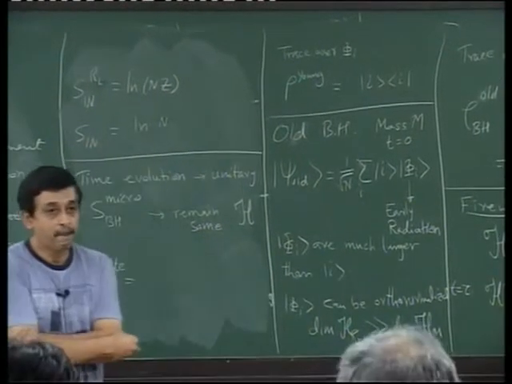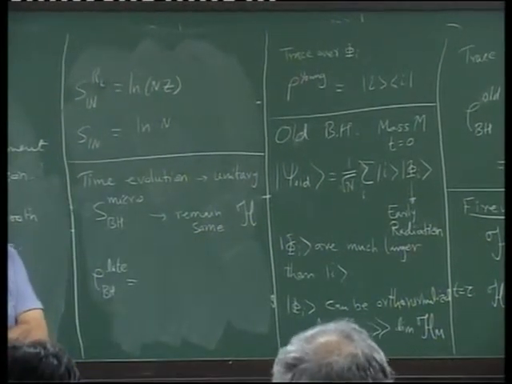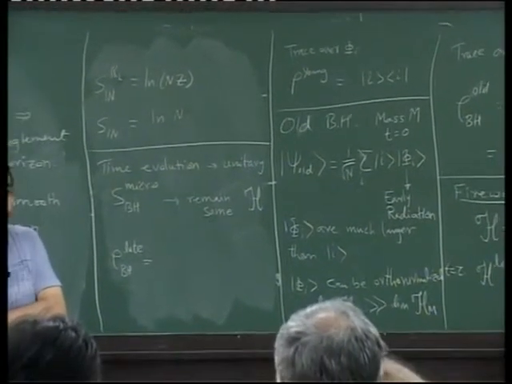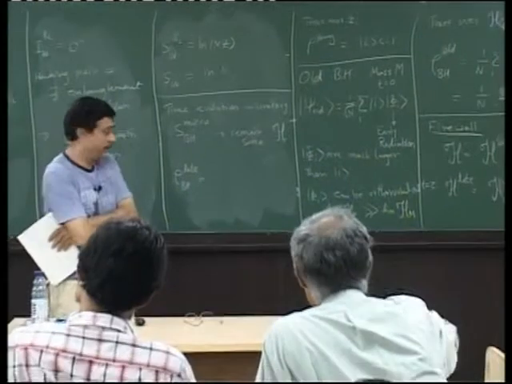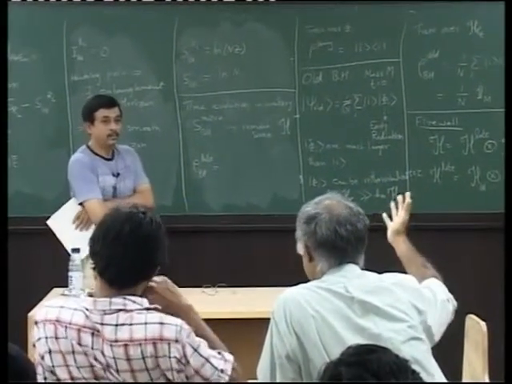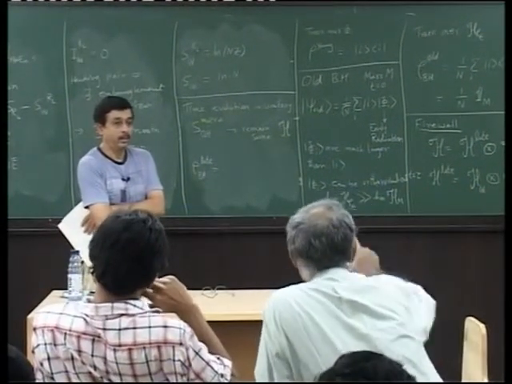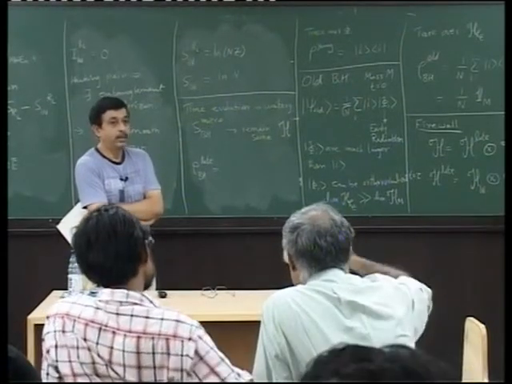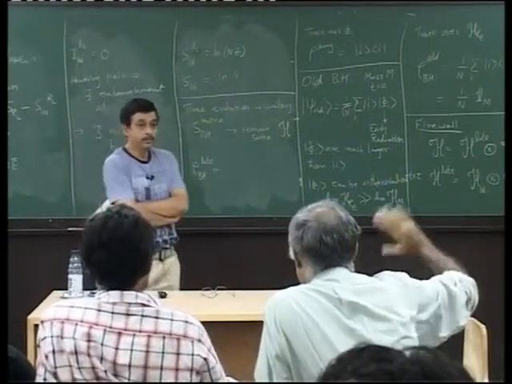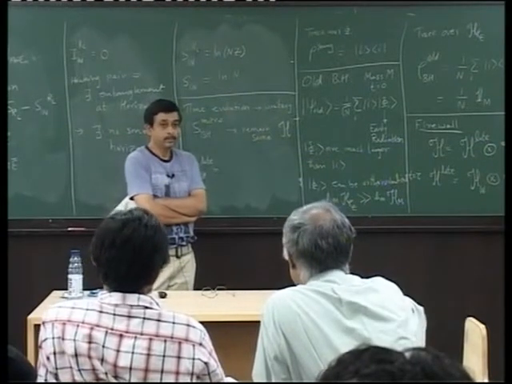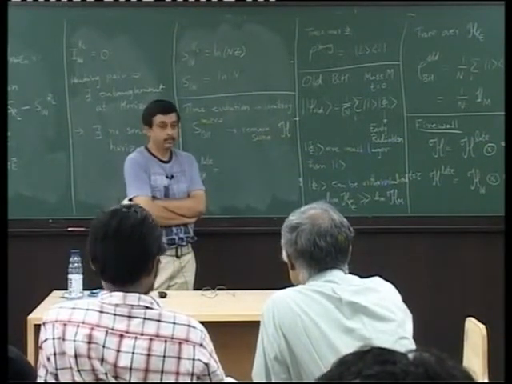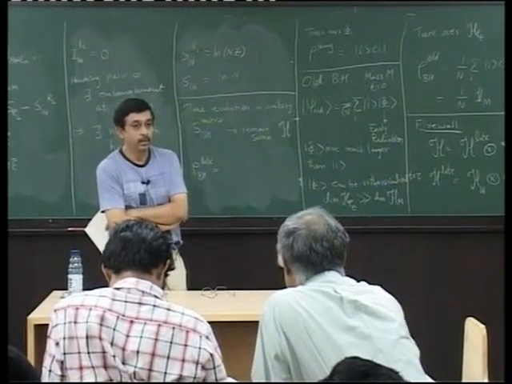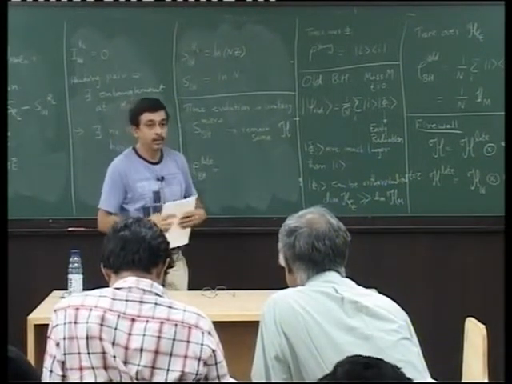But this is where I'm a bit confused. There is an abstract Hilbert space which is the sum over all H M E. Its dimension is of course just fixed, whatever it is. But if you're going to look at the state of the system at some point, trace over all the radiation degrees of freedom and then define an entropy for the black hole and call that S BH micro, then that number can change, right?